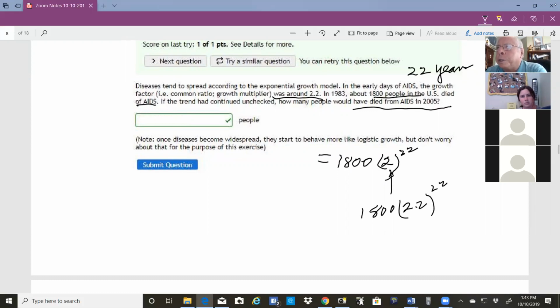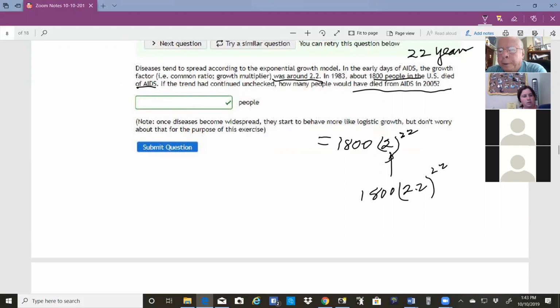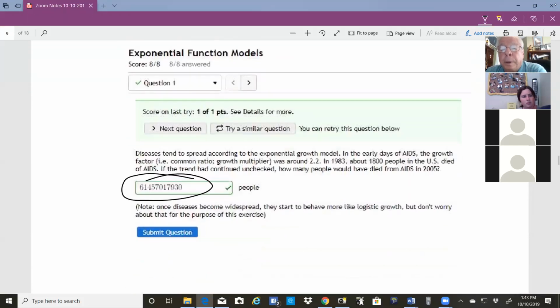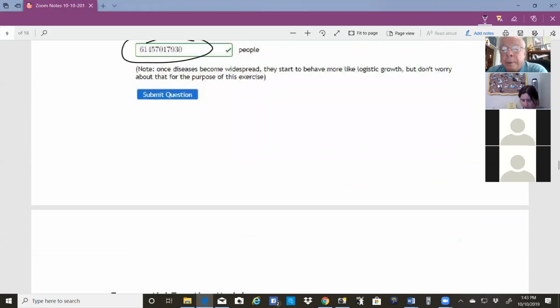It's 2.2 to the 22nd power times 1,800. That should give you... Yeah, that's what I got. Okay. So it just goes to show, check your work. Notice that I just wrote down, I think I said 2.2, but I put 2 down.